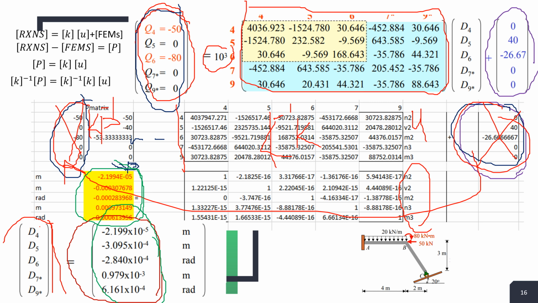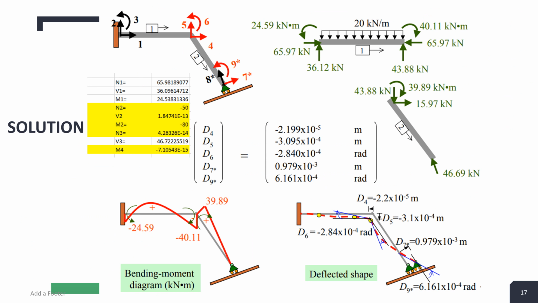So this is the expected answers, and this is my answers from the code. So once you have them, you can draw the BMD, the deflected shape, the shear force diagram, etc. Because the answers are the same, the solutions should be the same.